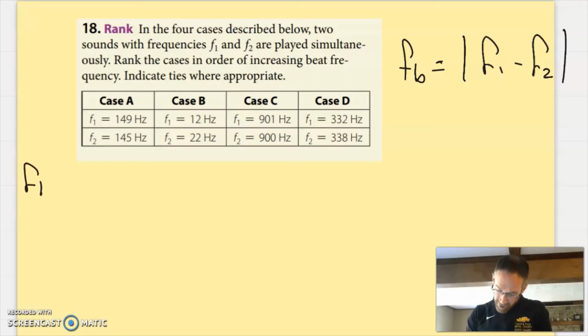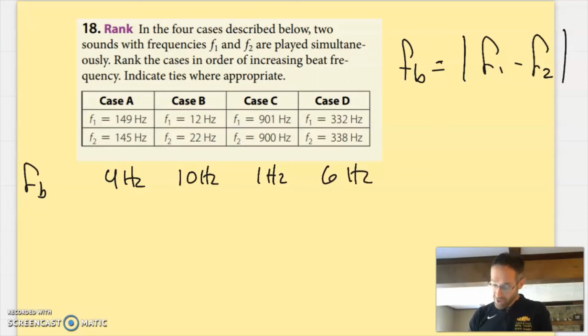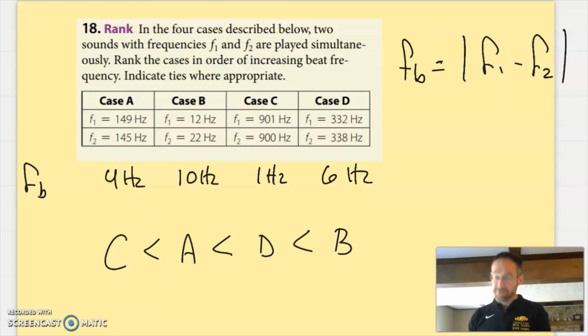And so if I calculate the beat frequencies down here, I get a beat frequency of 4 hertz, that's the difference, 10 hertz, that's the difference, 1 hertz, that's the difference, and 6 hertz, that's the difference. So putting those in order, I have C is the smallest, and then A, and then D, and B is the biggest.